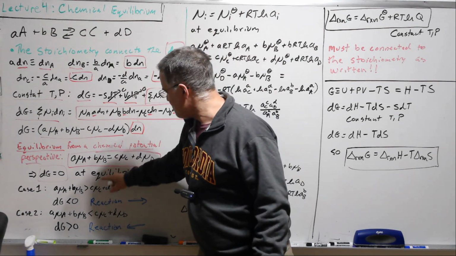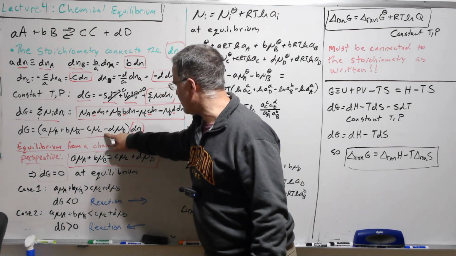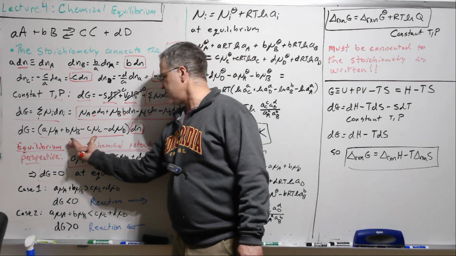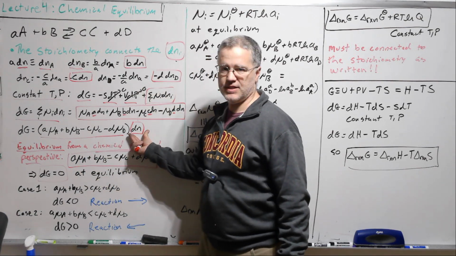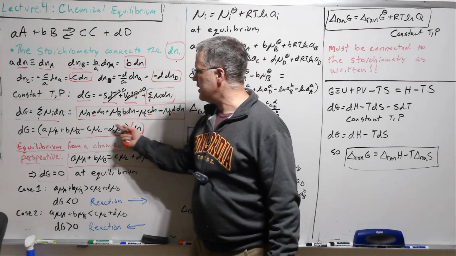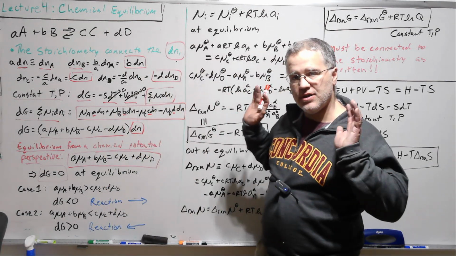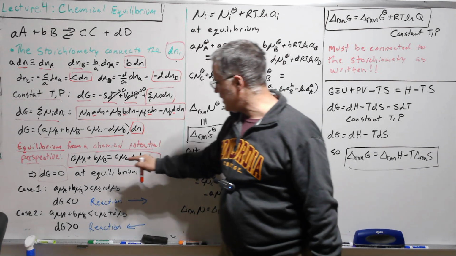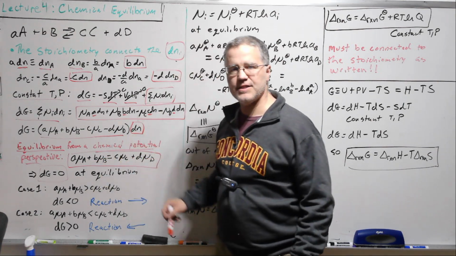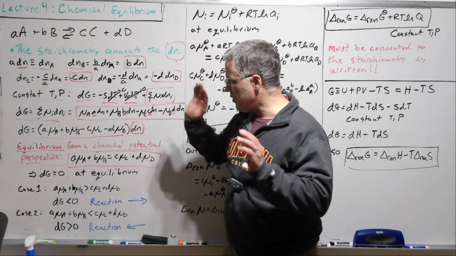So if this is bigger than this, then this is positive, but this is negative. So overall, this whole thing is negative. And the reaction will want to move this way because this is bigger than this. So the reaction will want to move forward.